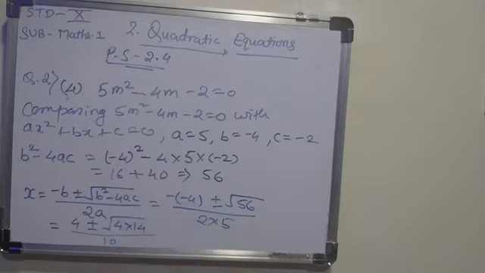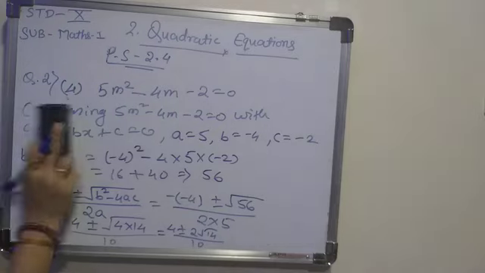We are going to split this 56, and the square root of 4 is 2, so this 2 comes out and you will get 4 plus minus 2 under root 14 upon 10. Now take out the 2 common. Here 2 is common, so I'm just going to rub this.